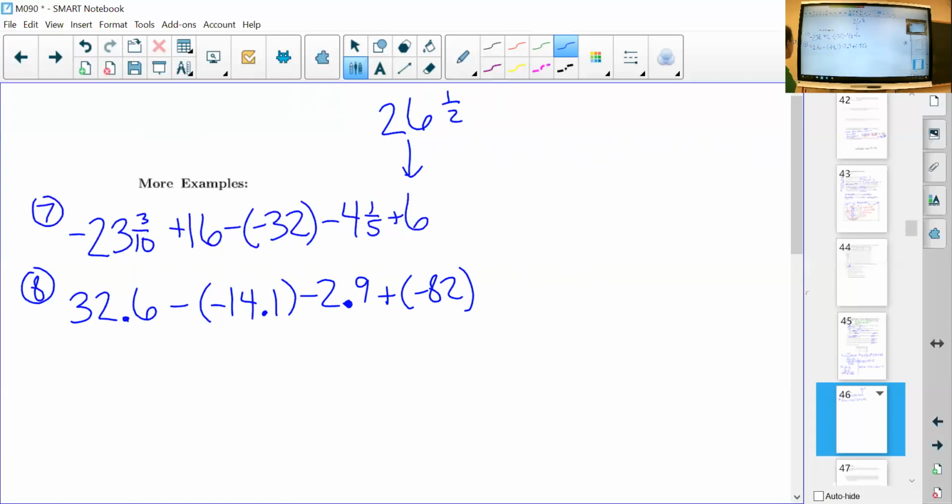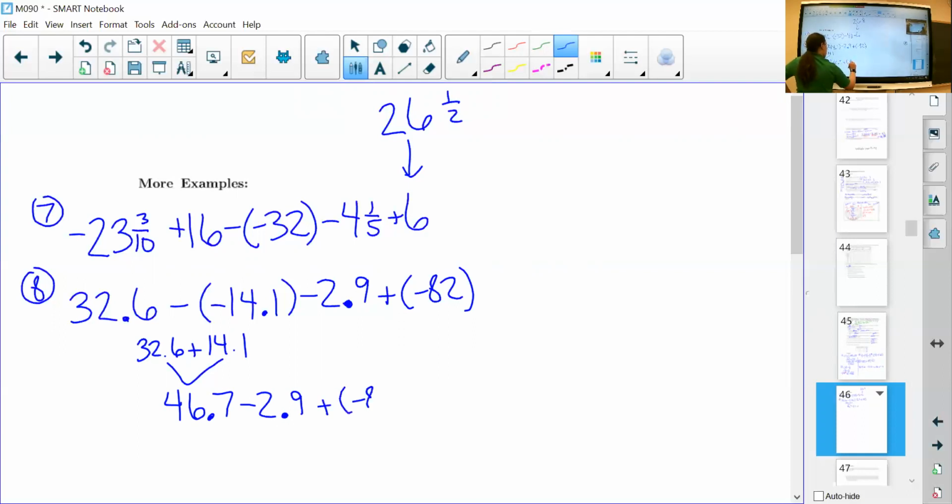If I had multiplication or division, I'd have another story. 32.6 minus a negative, so that's the same thing as 32.6 plus 14.1. Add those together, we get 46.7 minus 2.9 plus negative 82. So I'm just bringing down all of this. I am not adding these yet. I may or may not get the right answer if I do it that way.